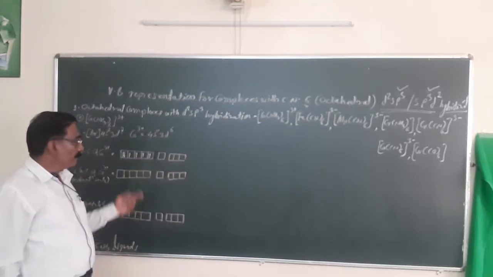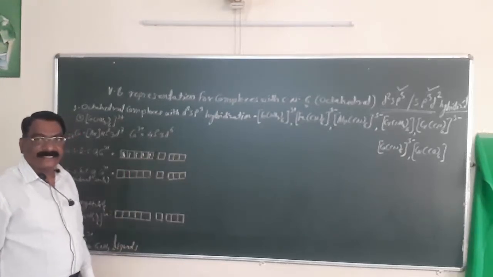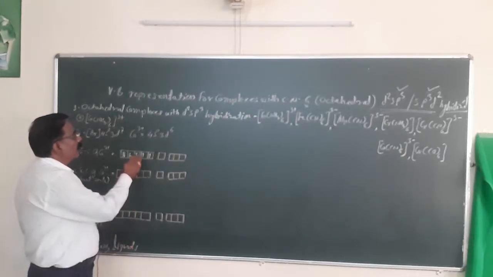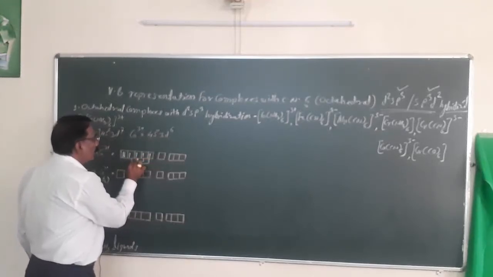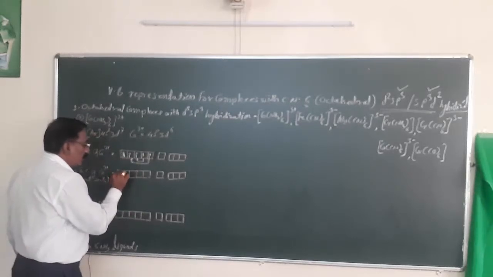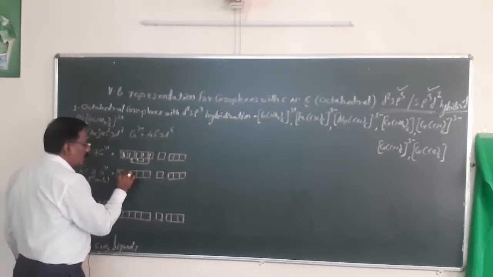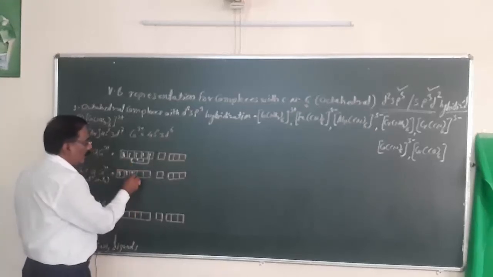But here these orbitals are not empty, so it must undergo the excited state. In the excited state, this electron enters here and this electron enters here, and we have the situation like this, with 2 electrons in each of these three orbitals.